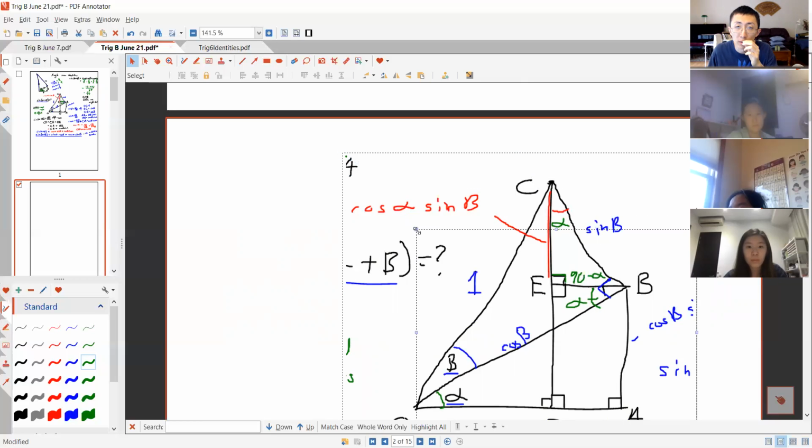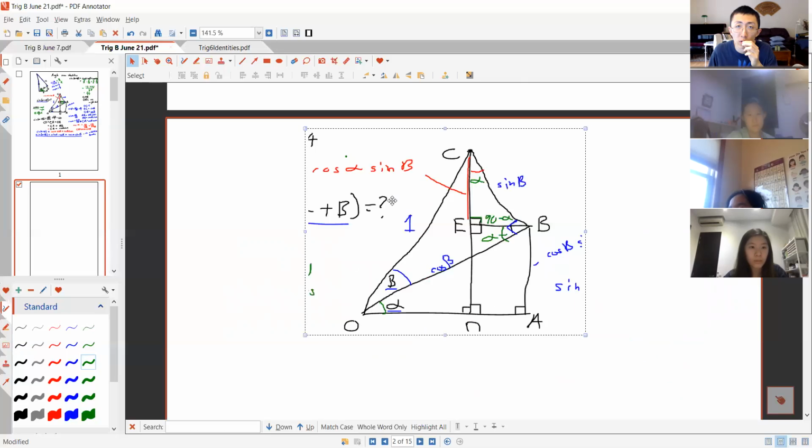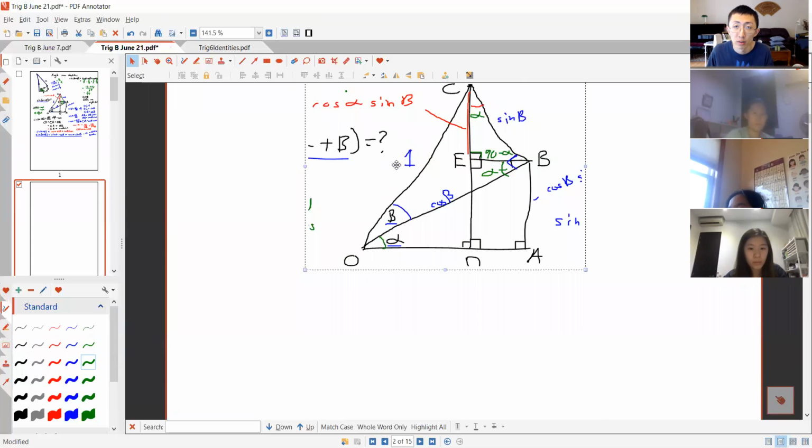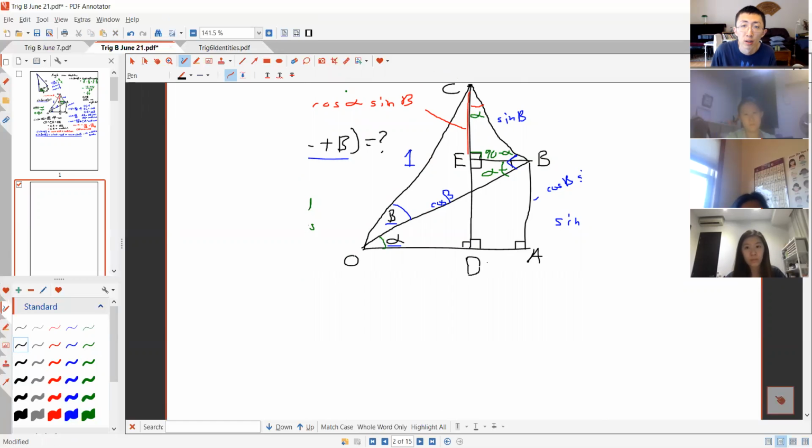Just gonna copy this over because it's a decent diagram. So this was a D. So what would a cosine of alpha plus beta be in the diagram?